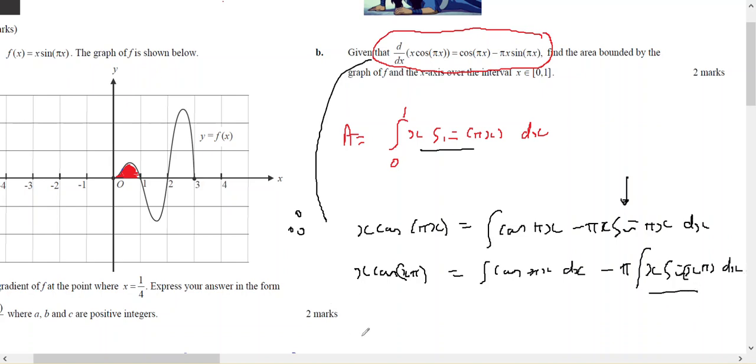If I move this to the left, that will give me pi integral x sine of pi x dx should equal, move that over, the integral of cos of pi x dx minus x cos of pi x.